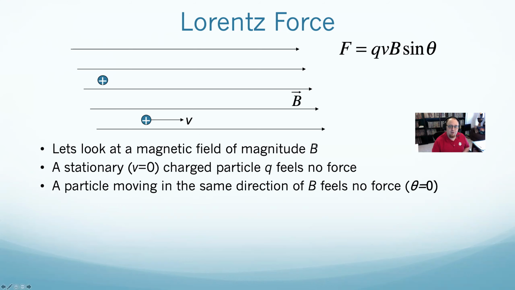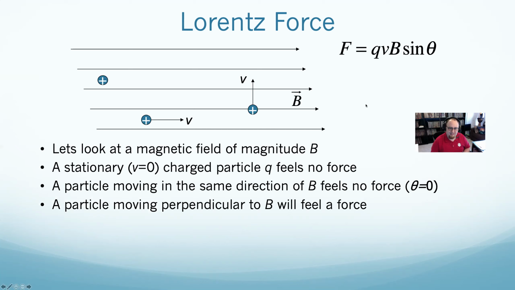Let's say this charged particle moves parallel to B. Well, if it moves parallel to B, that means the angle is 0 degrees, and the sine of 0 degrees is 0. So if it moves in the same direction as the magnetic field, it also feels no force. But let's say instead it moves perpendicular to the magnetic field.